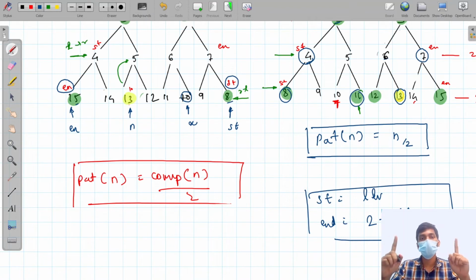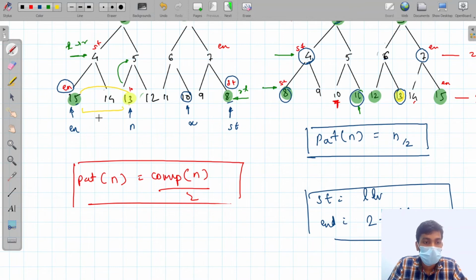So if we take two pointers, these two are actually at equal distance. What I am saying is that if from this 15 the given n is at, let's say, a position, then from the starting point the complement should also be at a position, right?